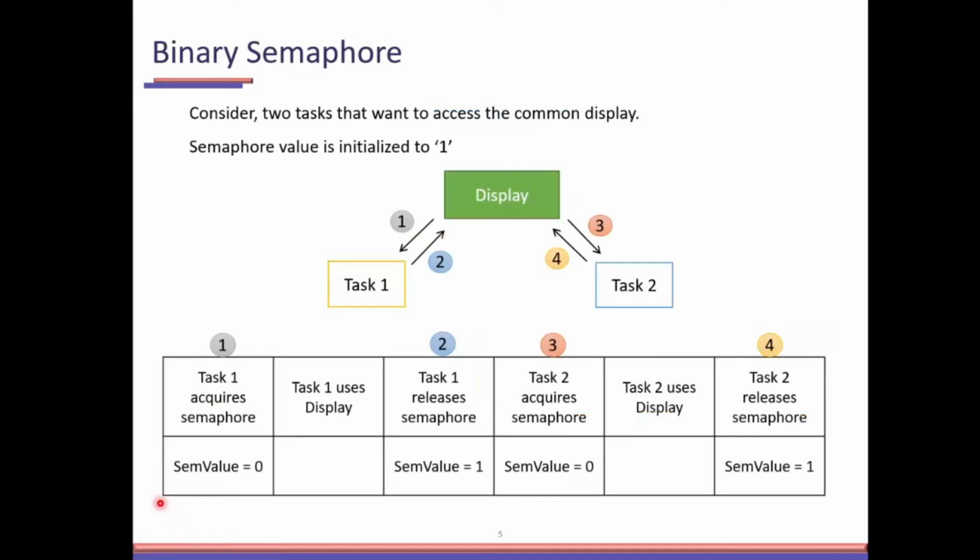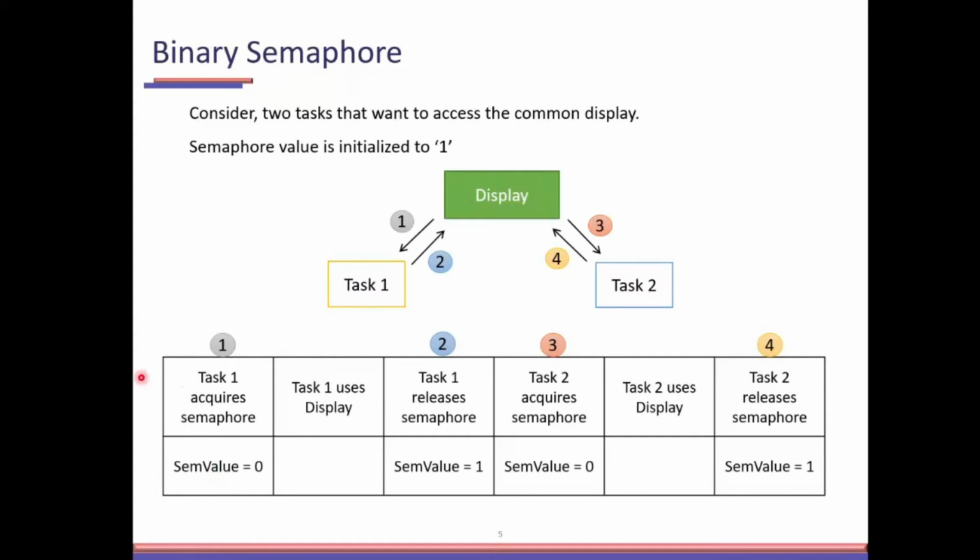Let's take an example for a binary semaphore. Say two tasks want to access a common display, and the semaphore is initialized with a value of 1, meaning the semaphore is available. Both tasks want to send some data to the display. First, task 1 acquires the semaphore, and on acquiring, the semaphore value becomes 0.